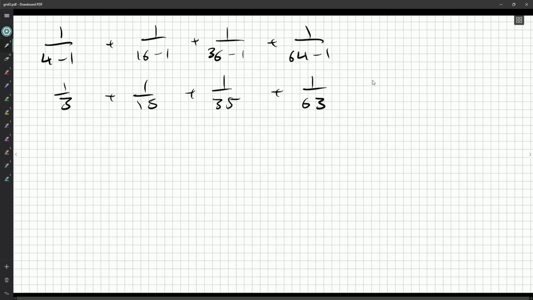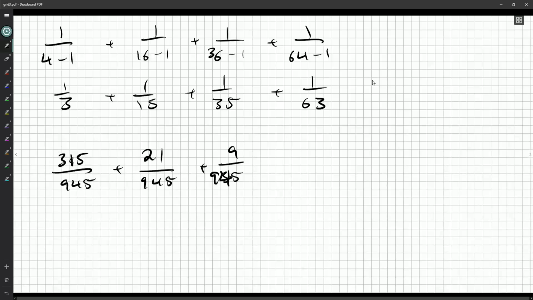So we could have 315 over 945 plus, need an extra 3 and a 7, so 21 over 945. Need 2, so we need a 9, so 945.